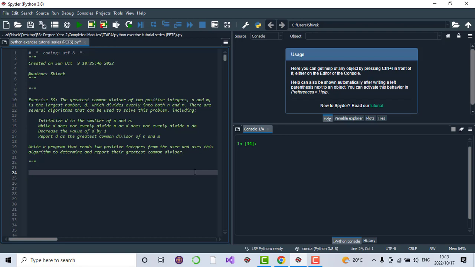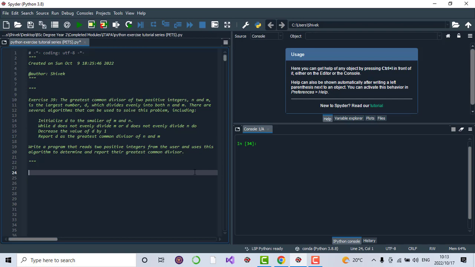Exercise 39. The greatest common divisor of two positive integers n and m is the largest number d which divides evenly into both n and m. There are several algorithms that can be used to solve this problem, including: initialize d to the smaller of m and n.